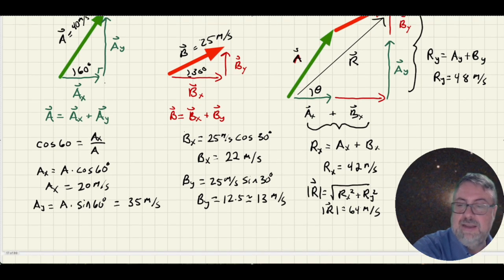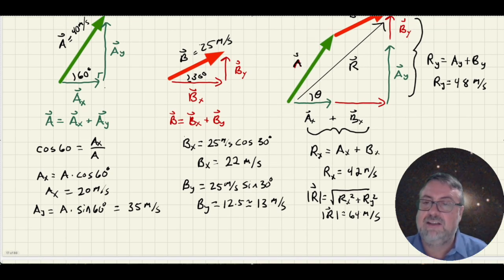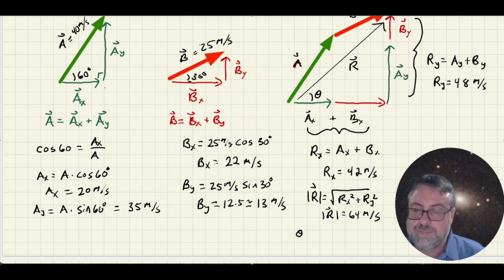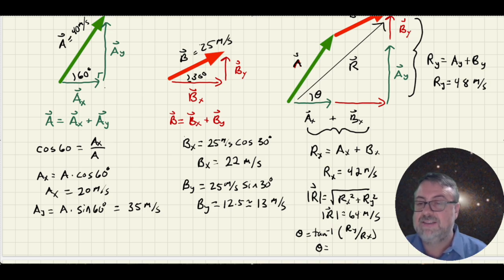But again, it's not complete unless I find the angle as well. So to get the angle, I'll do the inverse tangent of the y side, or the opposite side, over the adjacent side, which is Ry over Rx. And if I do that, that's the inverse tangent of 48 over 42.